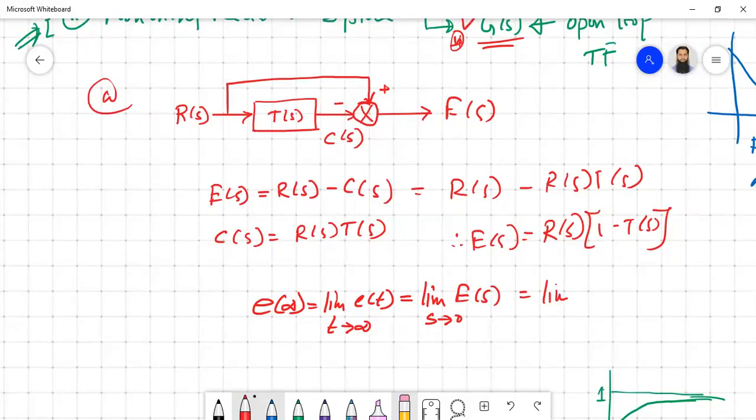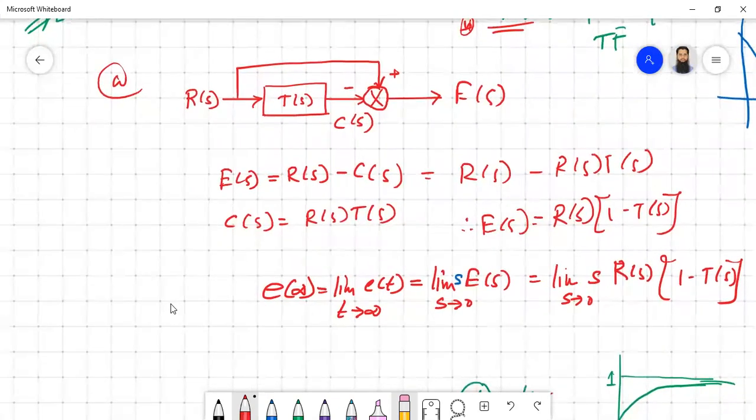One thing we always have to be careful about, sometimes I also forget, is that there is an s. So the limit as s tends to 0 of s R(s) into [1 minus T(s)]. So this is one way to figure it out.